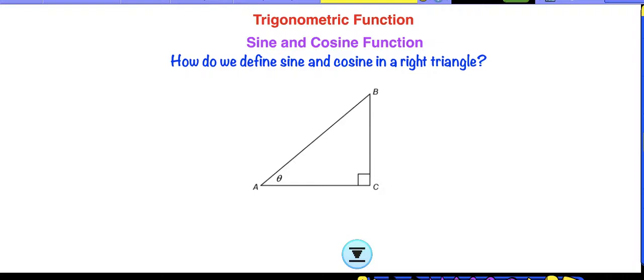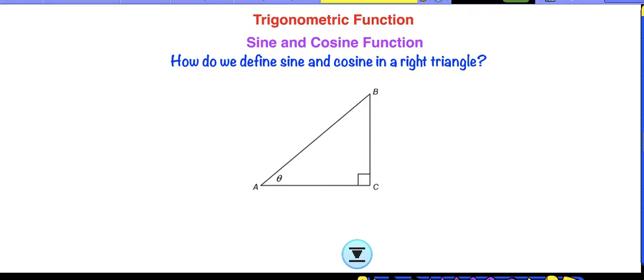So let's check. In order to introduce the trigonometric function, we're going to have a quick review. Trigonometric function or trigonometric ratio, as you learned in geometry or even algebra. This is not brand new here. The trigonometric function actually comes from the trigonometric ratio.